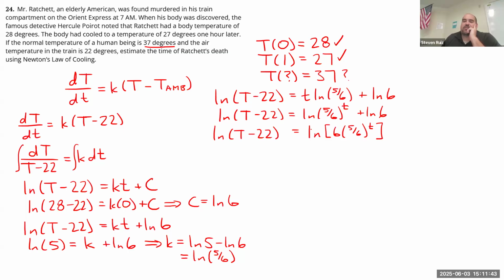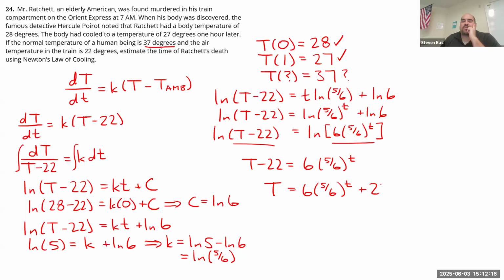Why did I go through the trouble there? If the natural log of this equals the natural log of this, then this equals this. And we're one step away from solving for T. So T equals 6 times 5/6 to the t plus 22.